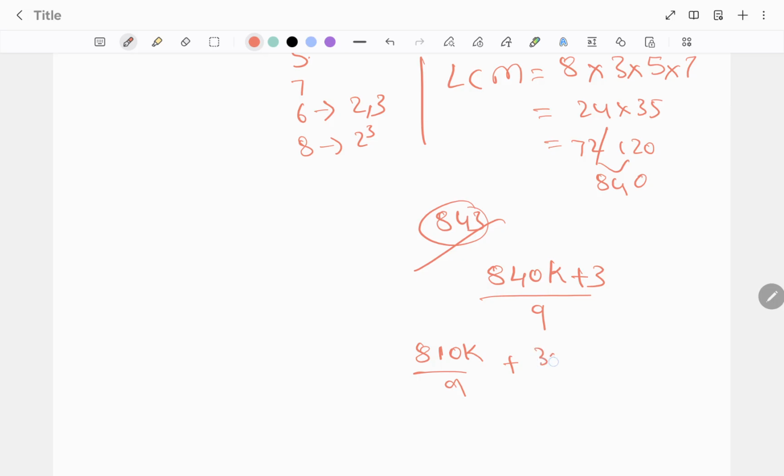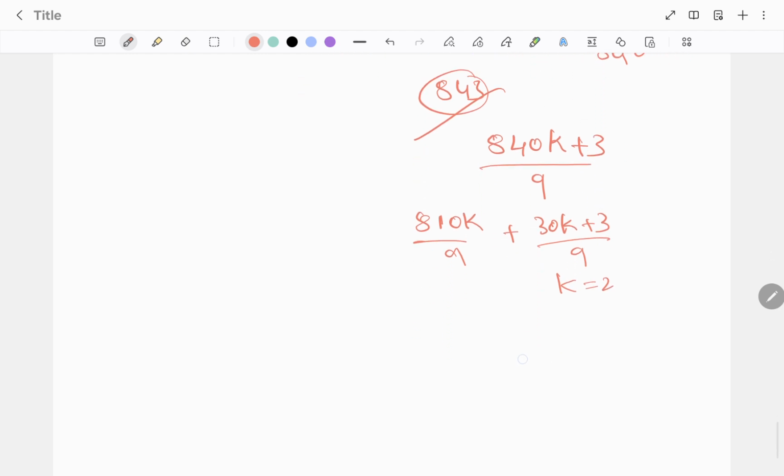Then the remaining is 30k plus 3. Now k value should be 2: 30 into 2 is 60, plus 3 is 63. So k is equal to 2. Now the number becomes, substituting k, 1680 plus 3, which gives 1683.